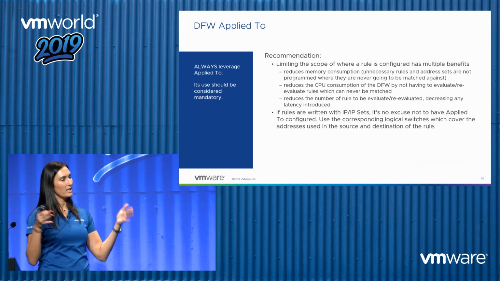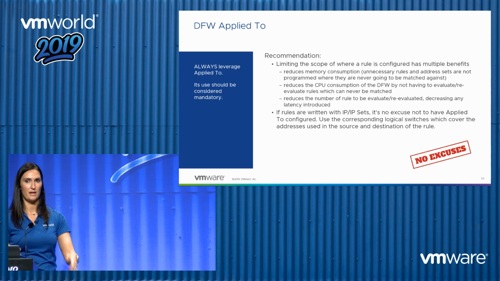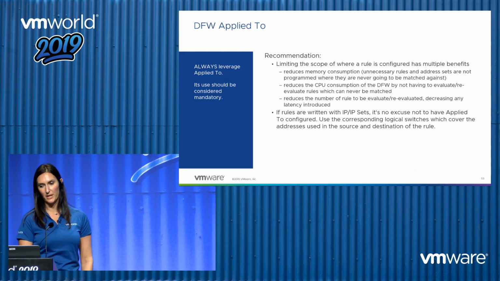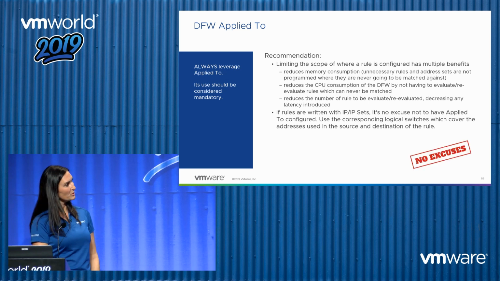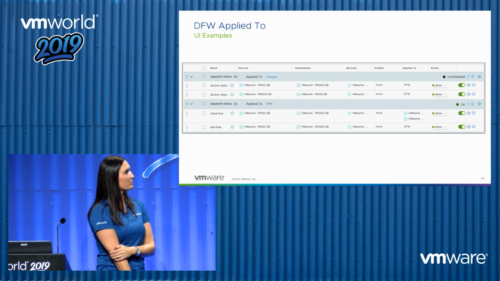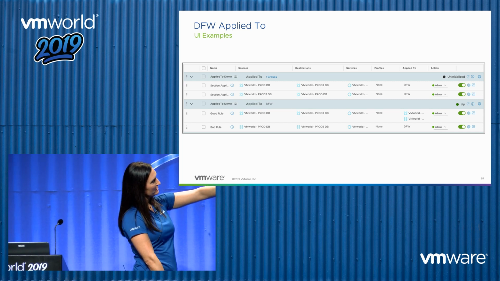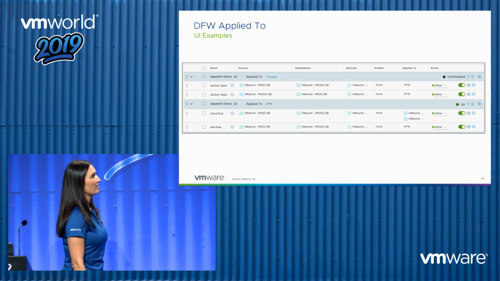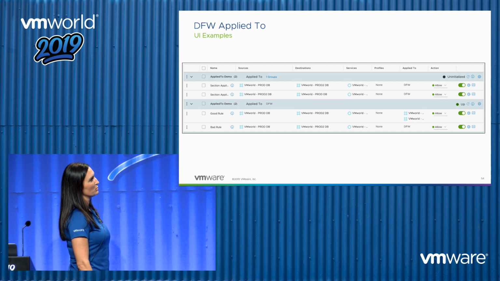That way you're still getting some kind of scope around that firewall rule, and it's not just being applied everywhere in your environment. So, no excuses. So, applied to. If you haven't seen it before, it is the last option there on the individual rule basis.